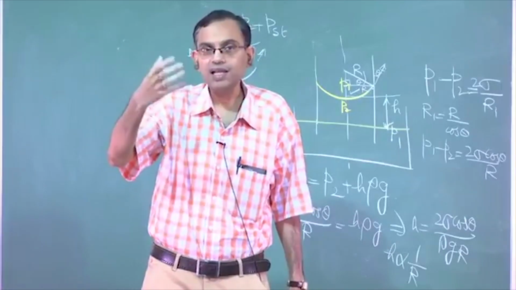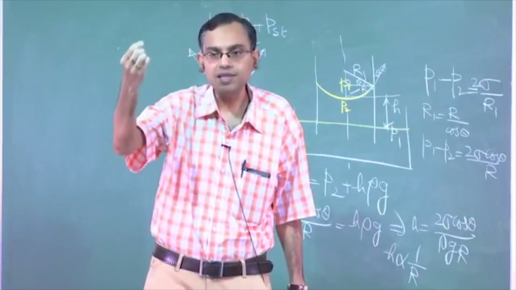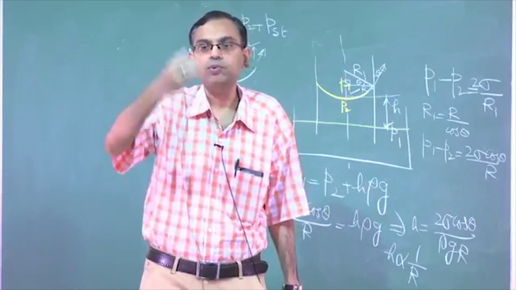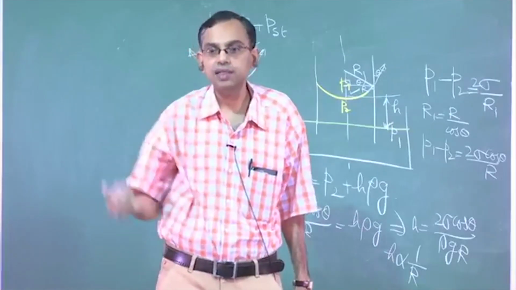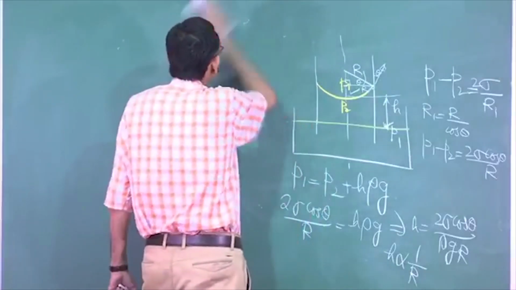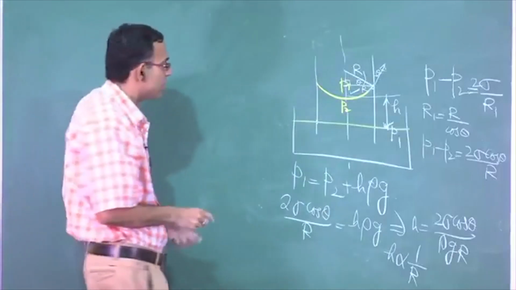So to understand how surface tension drives the blood flow in your device and how quickly it takes the blood sample from one point to the other, it is important to understand the dynamics. So we will look into a very simple model of understanding the dynamics, and that is called the Lucas-Washburn model.